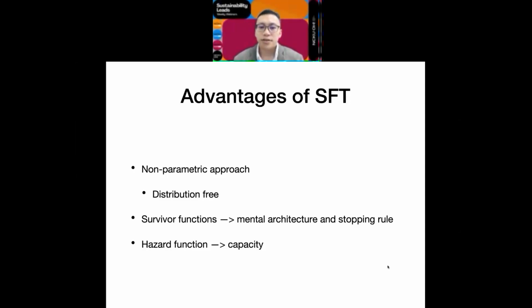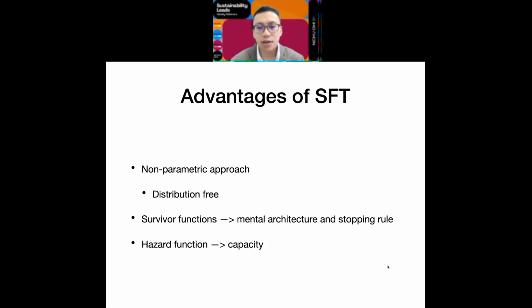And there are several sensitive indexes stated here. For example, we can use the survivor functions to calculate the interaction contrast for the survivor functions. Then we can use this index to infer the mental architecture and stopping rule. And we can use the hazard function for further calculation, and then you can make inferences about the processing capacity.